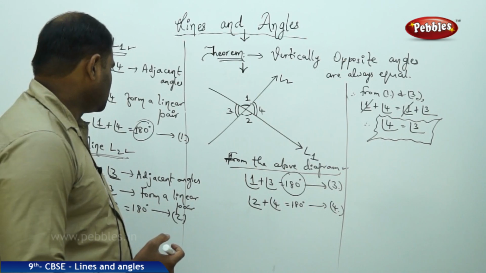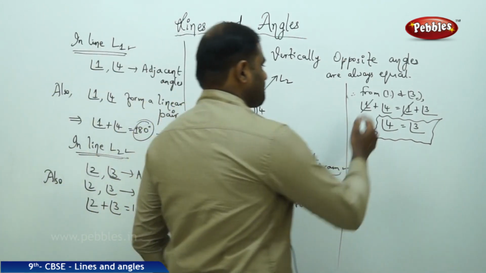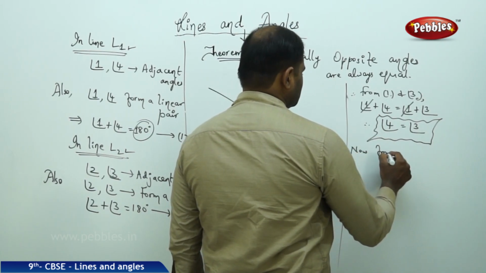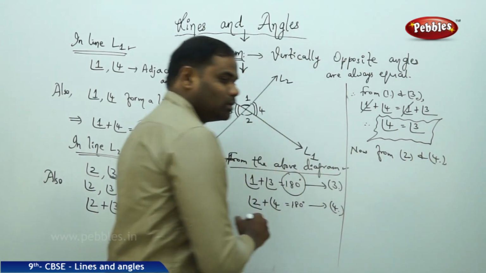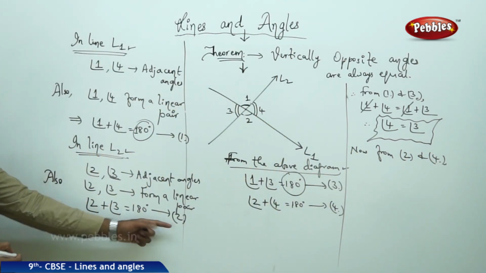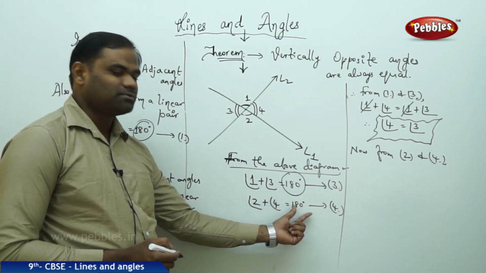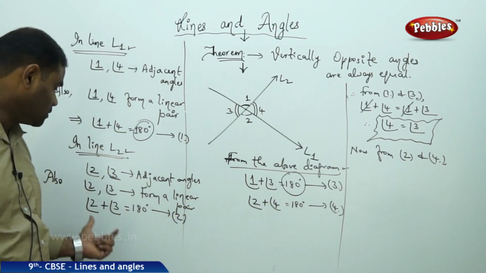Similarly, let me take equation 2 and equation 4 and see what we can conclude. From equation 2, angle 2 plus 3 is 180, and from 4, 2 plus 4 is 180. Because the right hand sides are equal, the left hand sides must be equal.